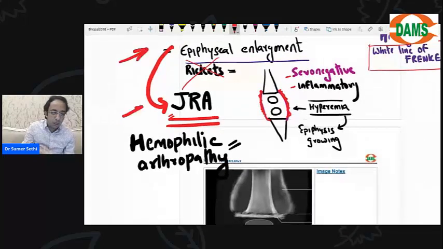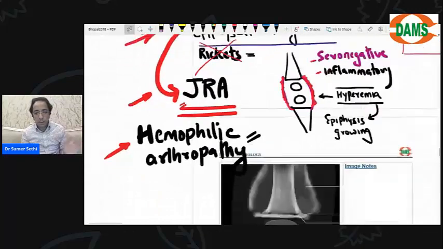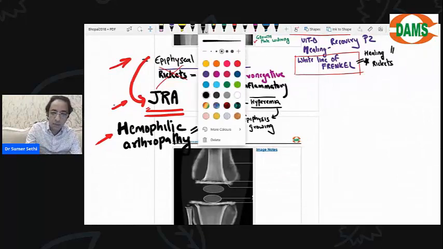Now, can you tell me two causes of epiphyseal enlargement? Two causes of epiphyseal enlargement are juvenile rheumatoid arthritis and hemophilic arthropathy. This is where we were in the last class. Now let's go further and understand more things before we look at some miscellaneous things.